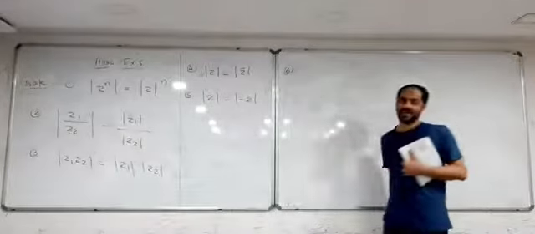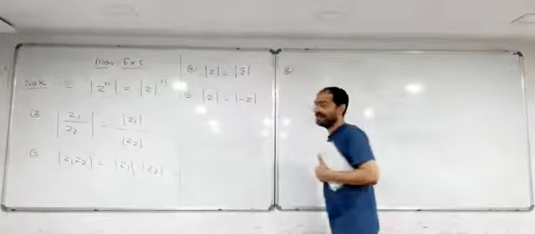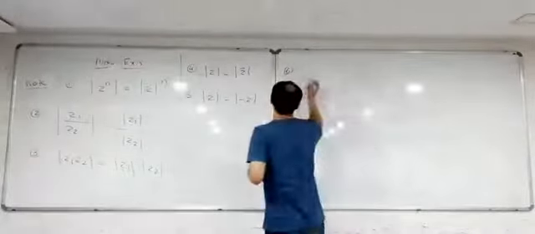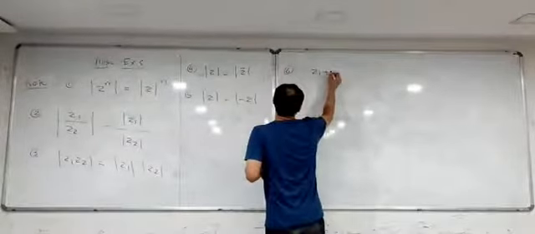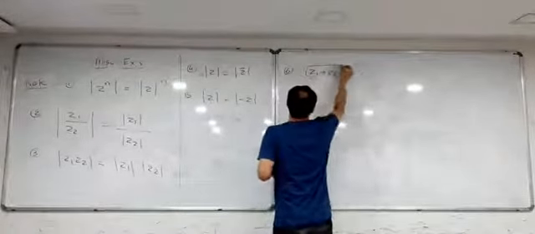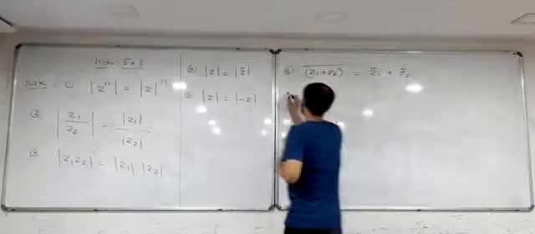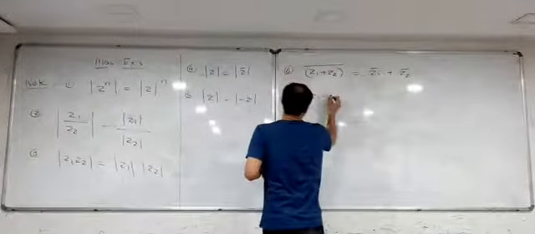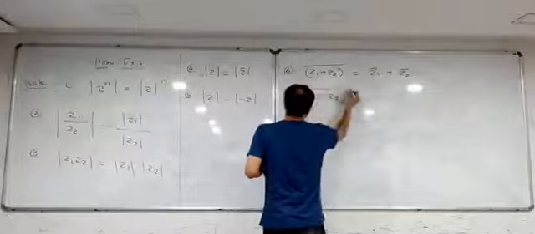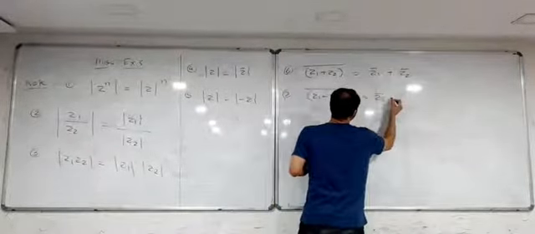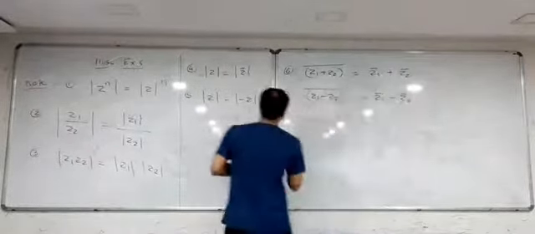You have to remember these properties of modulus, and you should also remember the properties of conjugate: conjugate of z1 plus z2 is conjugate of z1 plus conjugate of z2. Conjugate of z1 minus z2 is conjugate of z1 minus conjugate of z2.